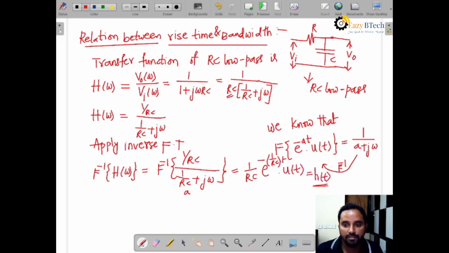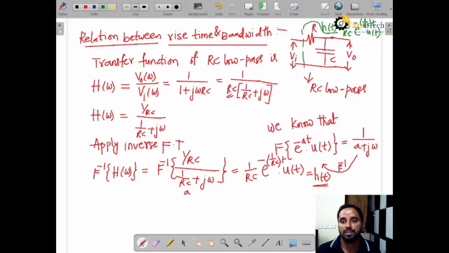What we call h of t? Impulse response of the given system. So here the given system is an RC low pass circuit. Its impulse response we got is 1 by RC into e to the power minus 1 by RC t u of t.